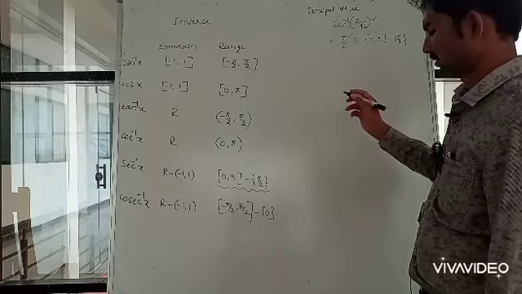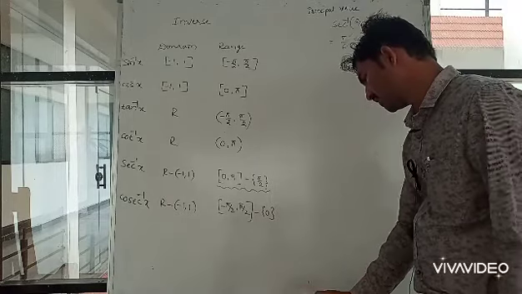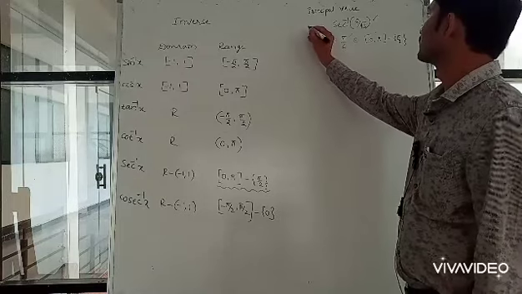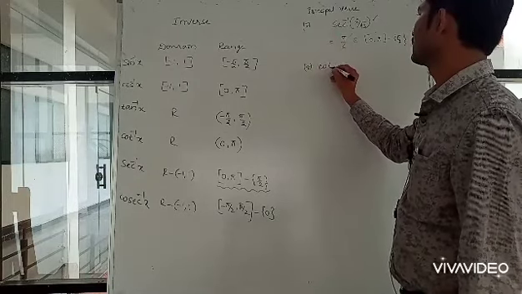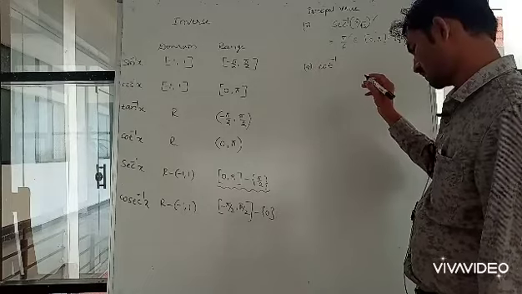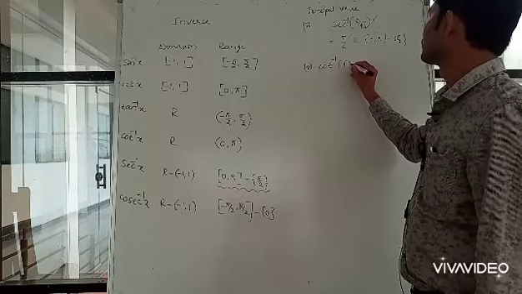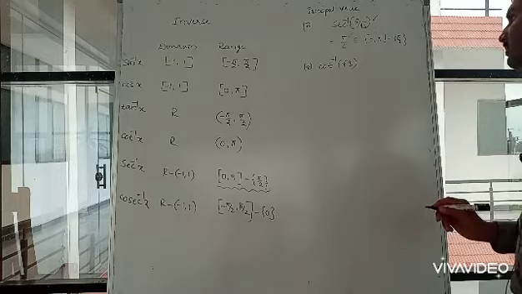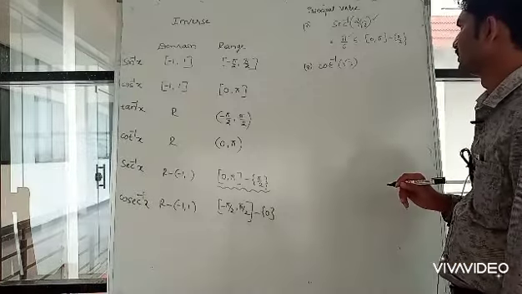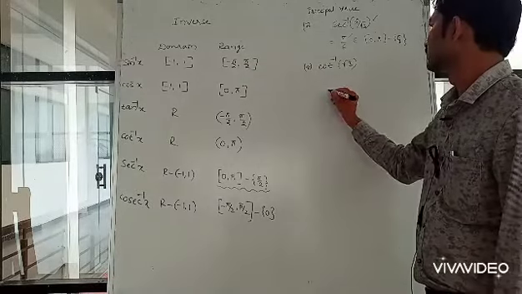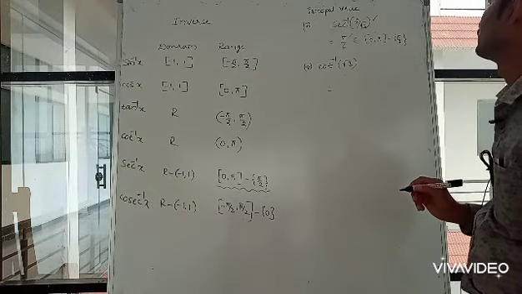Next example, that is cot inverse. It is the 8th one, cot inverse of √3. So we require the principal value of cot inverse of √3.